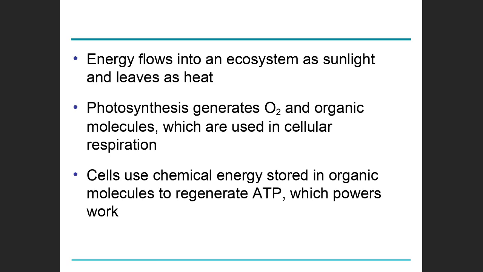And so the cells are going to use the chemical energy stored in those organic molecules and food molecules in order to regenerate ATP. Because as we talked about last time, when that terminal phosphate group is removed, that change in the state of energy between ATP and ADP is what cells actually harness to do work.